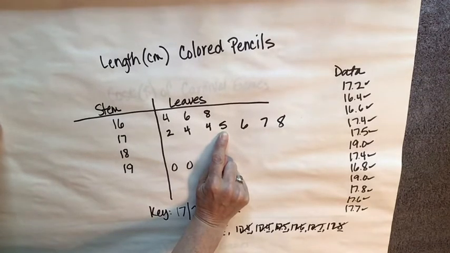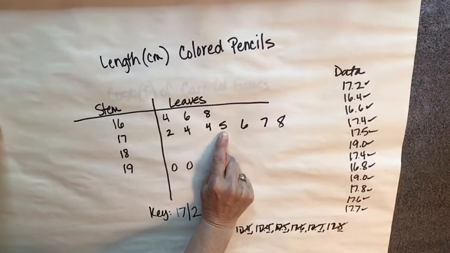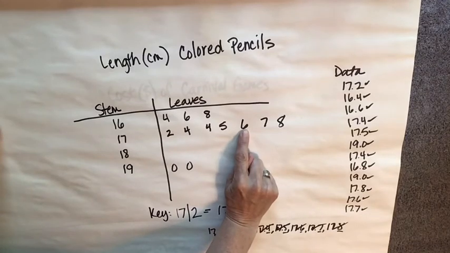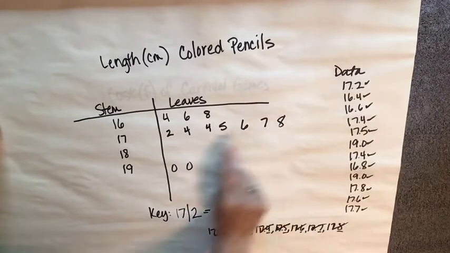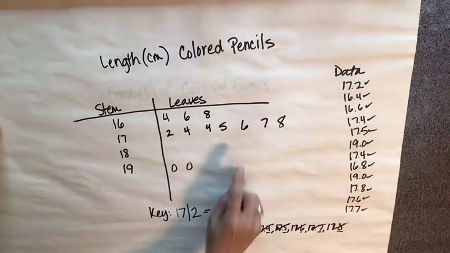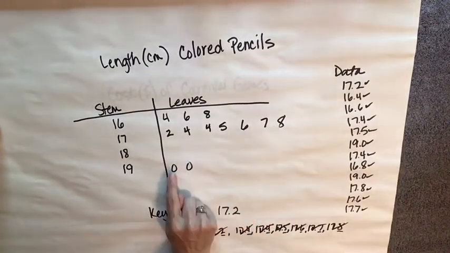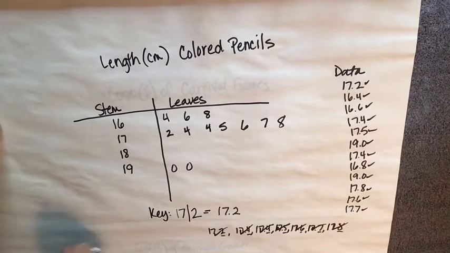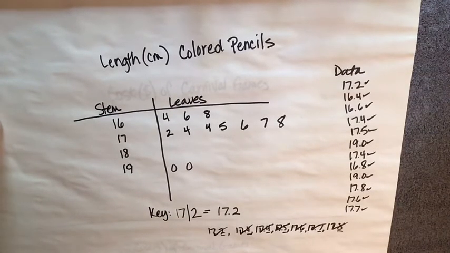So if I've asked you how many pencils are more than 17 1/2 centimeters long, everything greater than that would be counted. This is more than 17 1/2 or 17 5/10. This one is more, this one, and this one. So I could say there are 1, 2, 3, 4, 5 pencils that are more than 17 1/2 centimeters long.